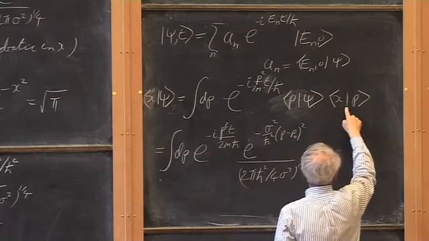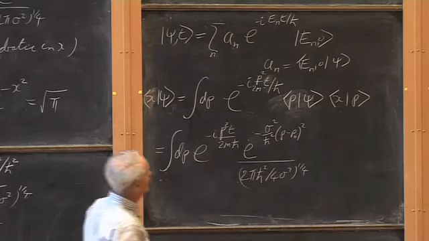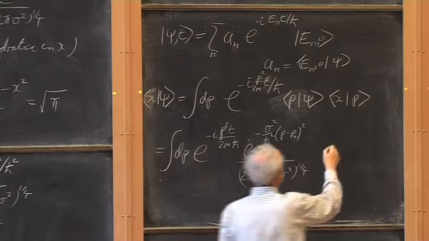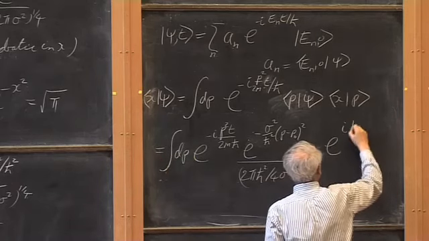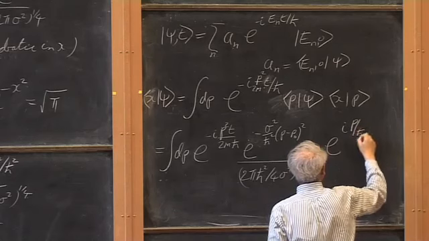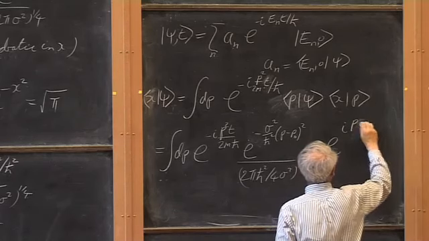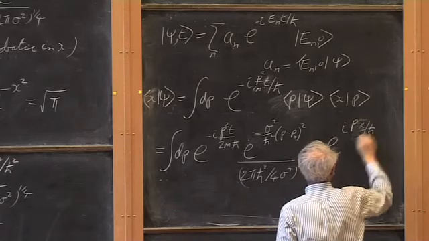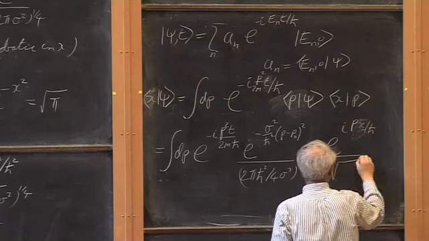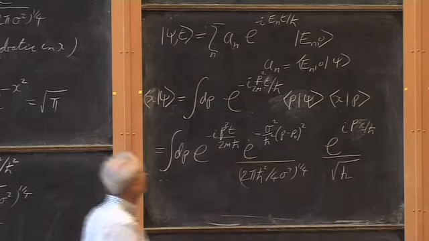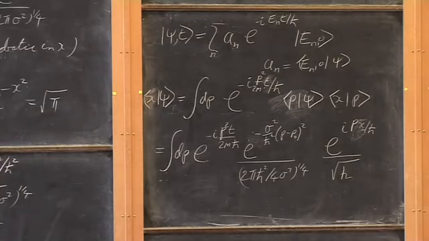And this thing is our wave function for a state of well-defined momentum, which is e to the i px over h bar over the square root of just h. So what do we have here?